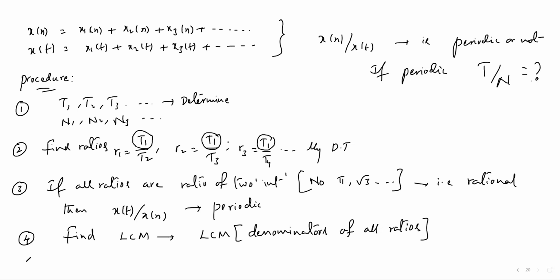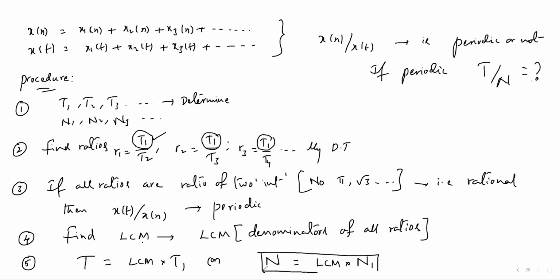Then multiply this LCM with the first numerator value, that is T1, to get the time period. T is equal to this LCM multiplied by T1. Or if it is discrete, N is equal to this LCM multiplied by the first time period.